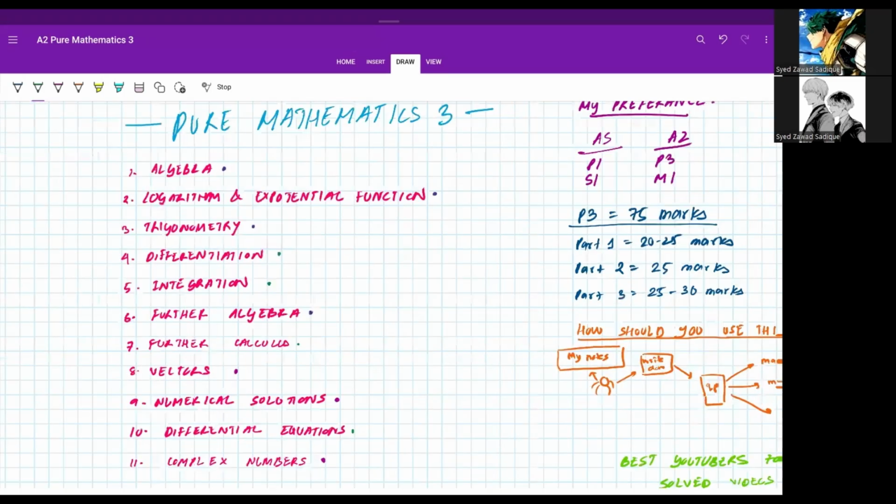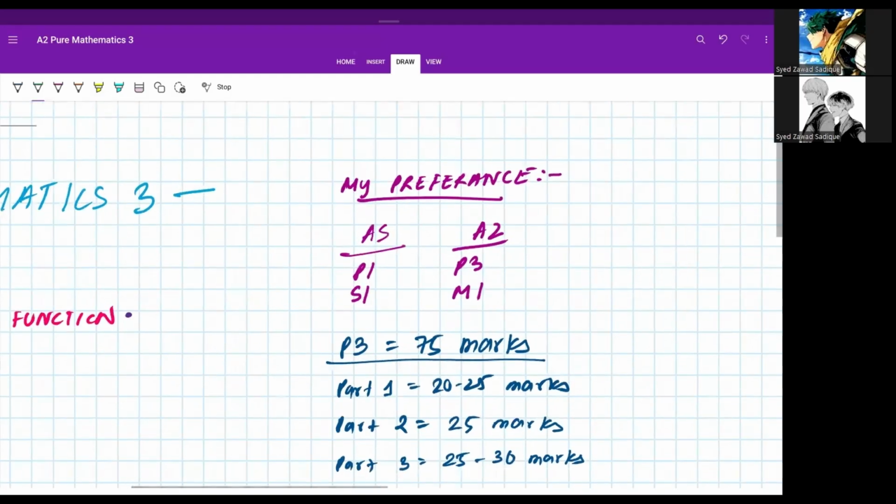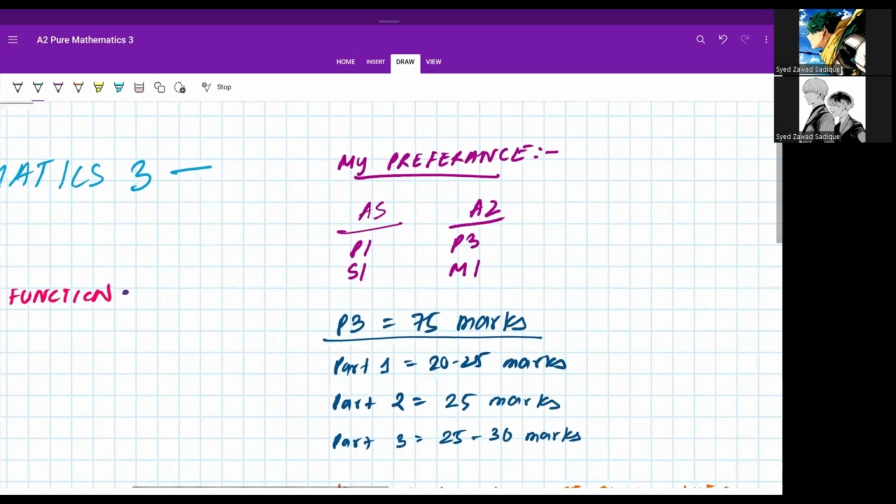Now, a lot of students ask what is the best combination for mathematics in the overall A levels. In AS and A2, Pure Math 1 and Pure Math 3 are in their own positions. You can't shuffle them.